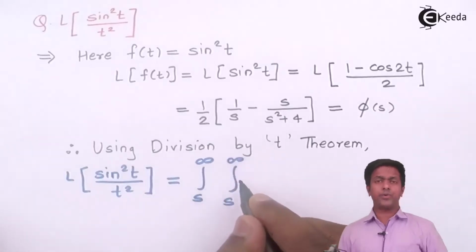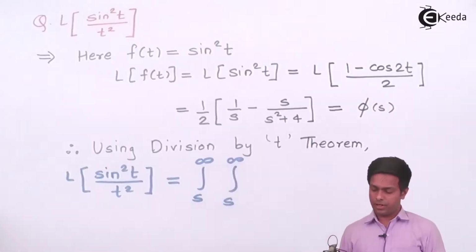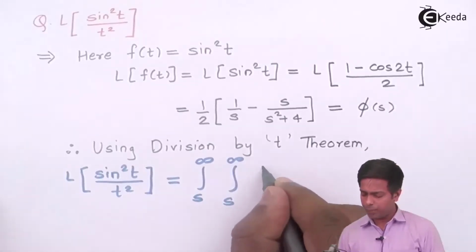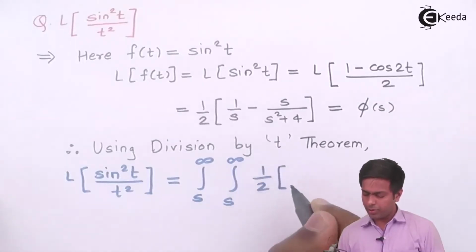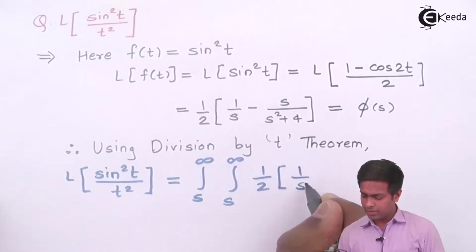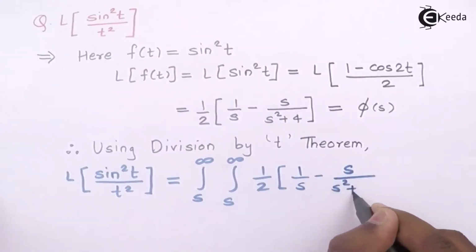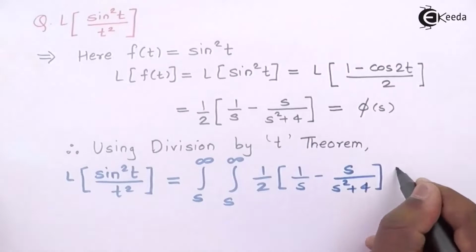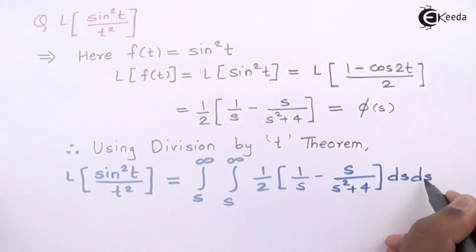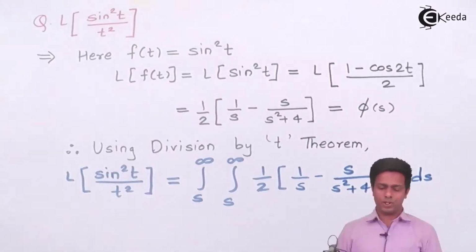I'm integrating twice because I have t square in the denominator, into phi of s, that is 1 upon 2 into 1 by s minus s upon s square plus 4, ds. And now guys, we are going to integrate this function twice with respect to s.